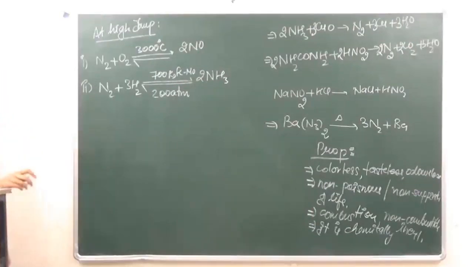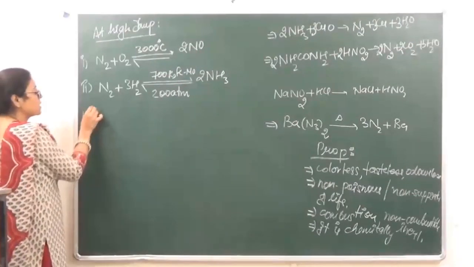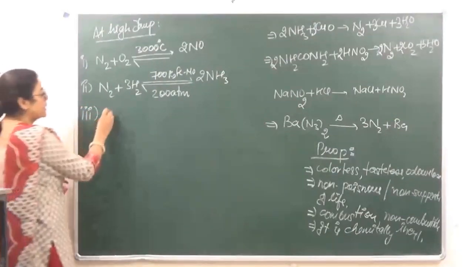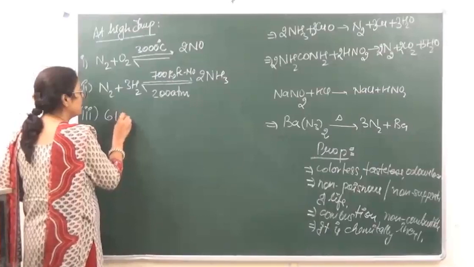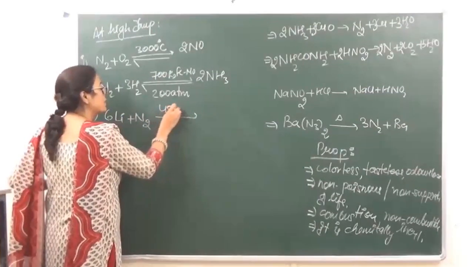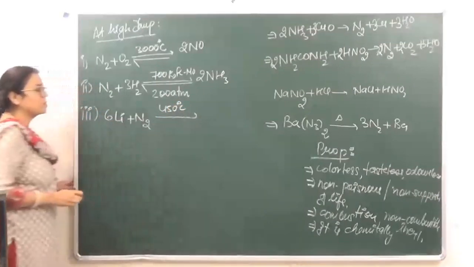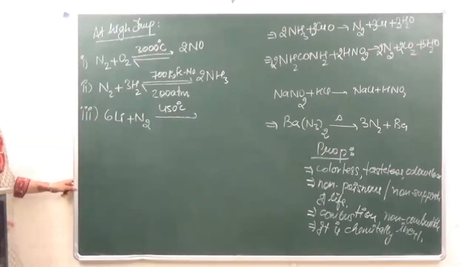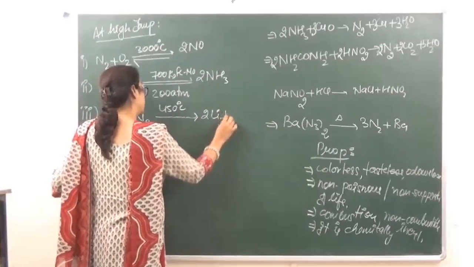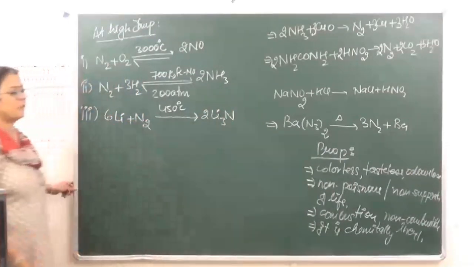फिर उसके बाद it can also react with certain metals to give respective nitrides. Like for example, if we are reacting lithium with nitrogen, the reaction takes place at 450 degrees centigrade. It is going to give us lithium nitride.